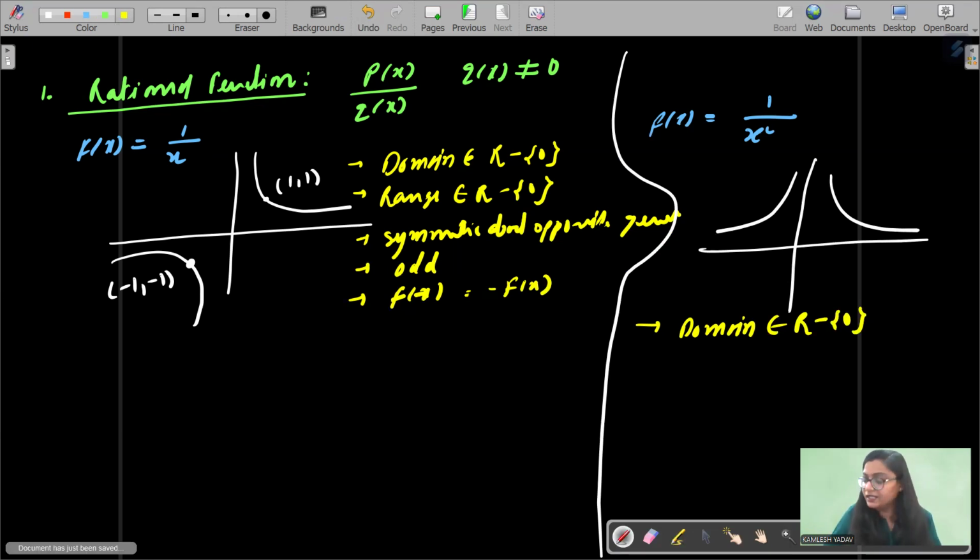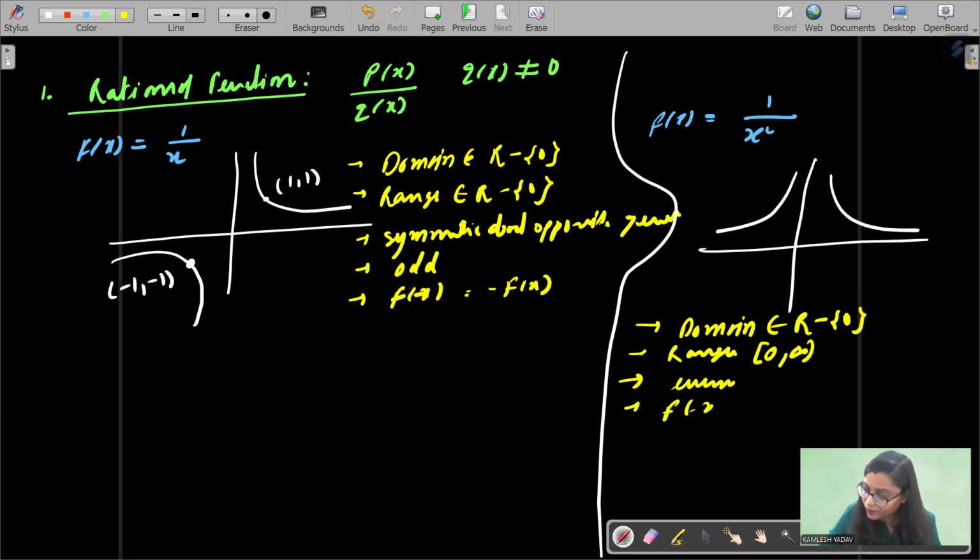So that's why the domain here belongs to R minus 0. And what about the range? Here we see the curve is in a square form. It means the graph opens in the upward side. It means its range is 0 to infinity. And again, here we see this is an even function.